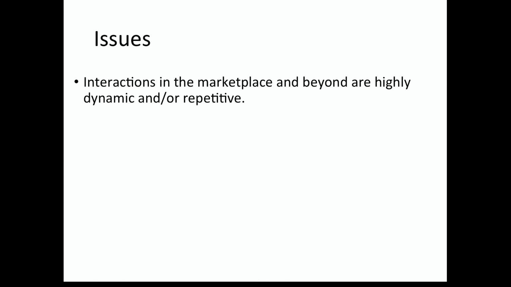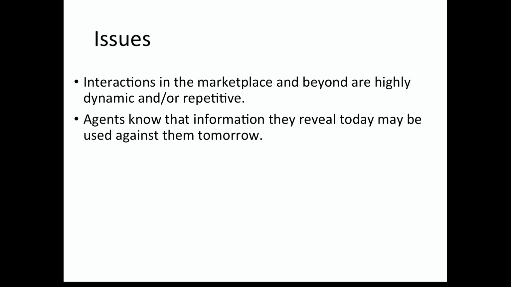They may be exhibiting learning behavior. They may be doing all kinds of stuff, but they're definitely strategic, or they may be strategic, or maybe they're myopic, I don't know. But they know that information they reveal today may be used against them tomorrow, and there's lots and lots of data that they can take advantage of, but how do you learn from that data when that data is provided strategically?